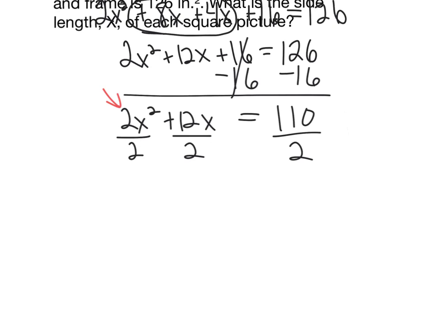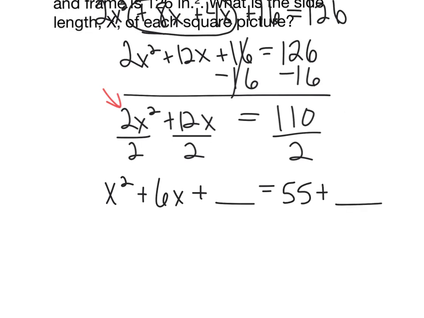So potentially it's just nicer numbers and less dividing if you wait until this point. But if you're afraid you're going to forget to divide and you want to do that earlier on, you can. So at this point now our B term is 6, and so half of that is 3, and we square that to get 9, which means we need to add 9 on both sides.